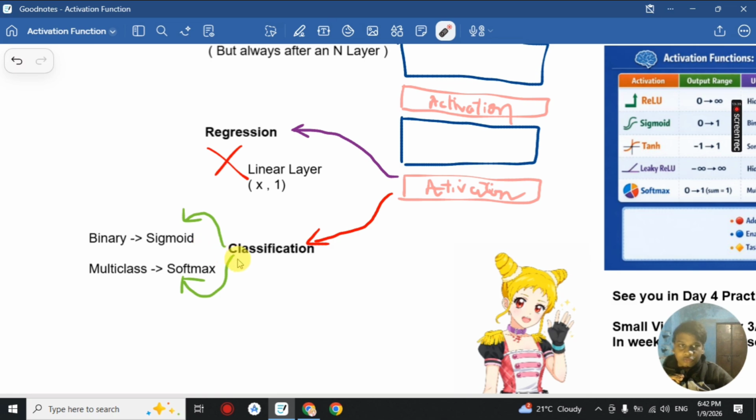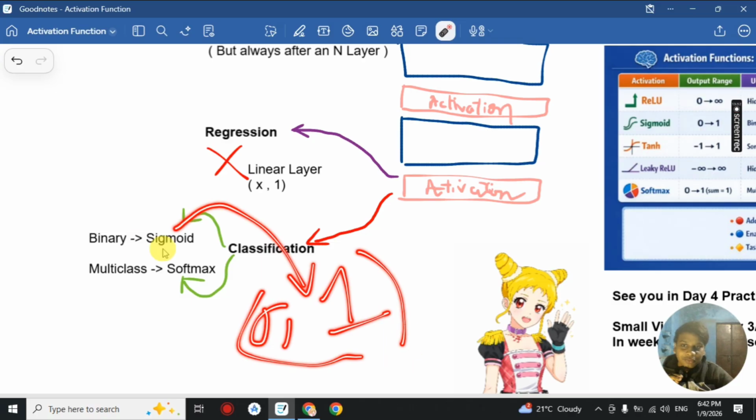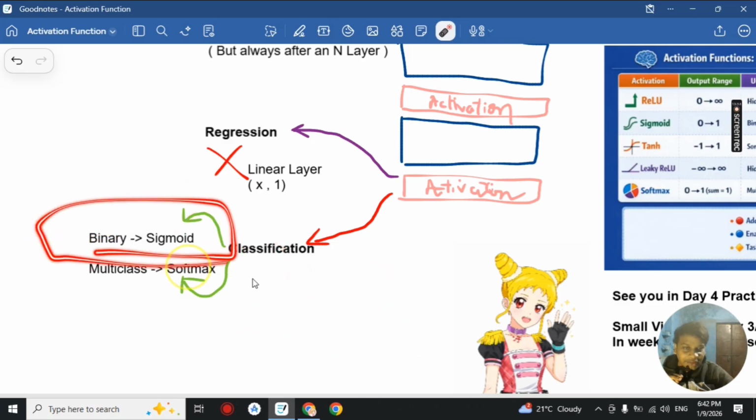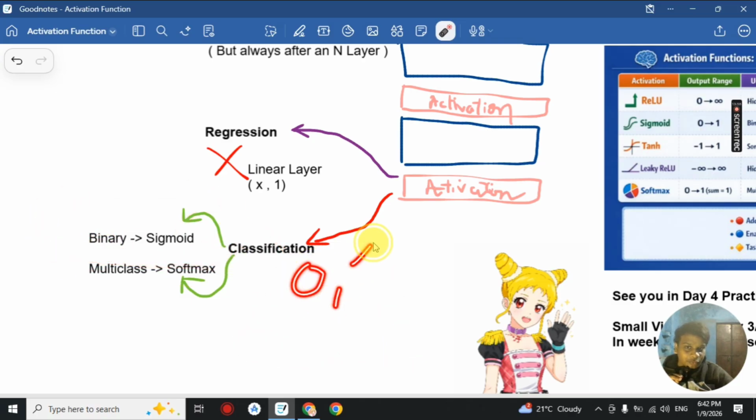Do you know why we use sigmoid and softmax here? Please answer. I hope you have answered it. The answer is that in sigmoid we get values from 0 to 1 only, so in binary classification we get either 0 or 1.